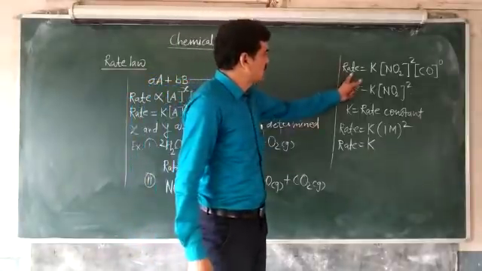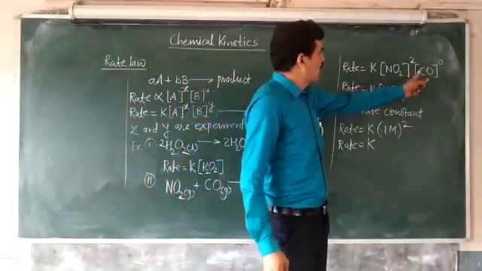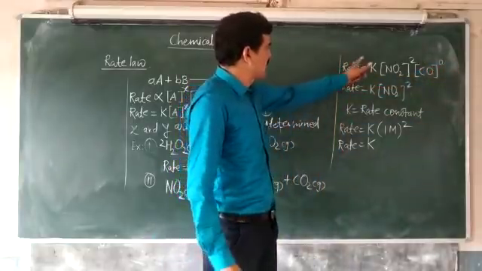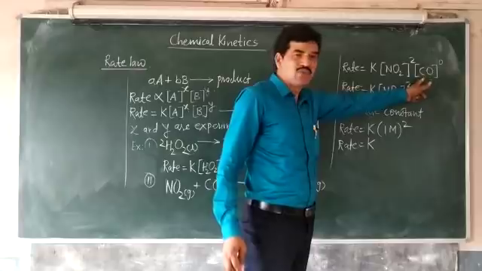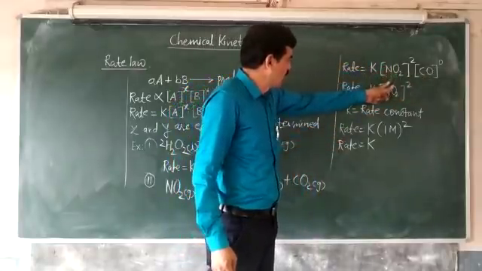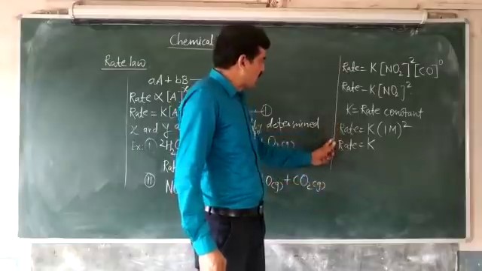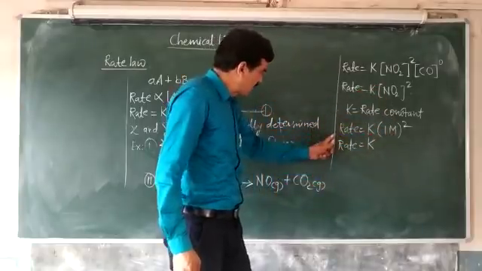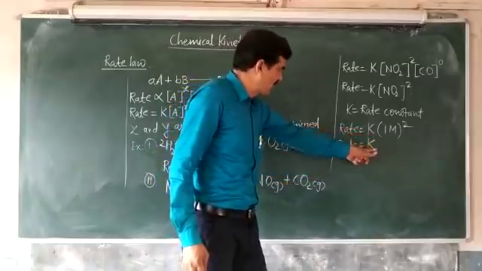In this particular reaction, the exponent for the concentration of CO is 0. It means the rate of this reaction doesn't depend on the concentration of CO. It depends only on the concentration of NO2, and if the concentration of NO2 is 1 molar, at that time the rate of the chemical reaction becomes equal to the rate constant.